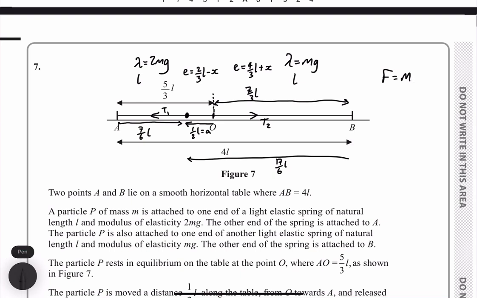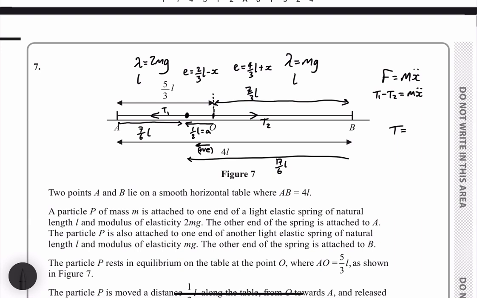I'm going to use the normal simple harmonic motion notation of x double dot, and F will be, remembering that we're always taking the displacement direction to be the positive, so from where it is now, this direction to the left is positive, so it will be T1 as positive and T2 will be negative, equals m x double dot.